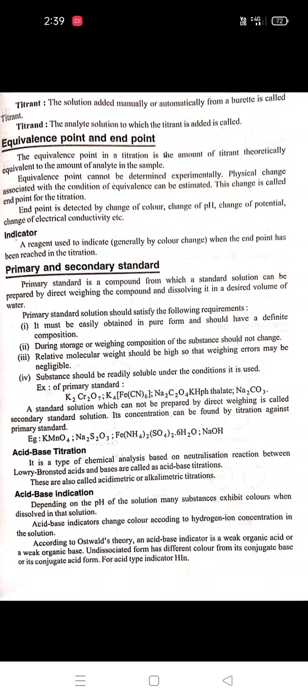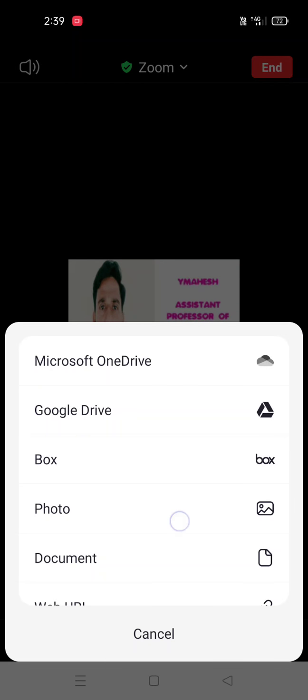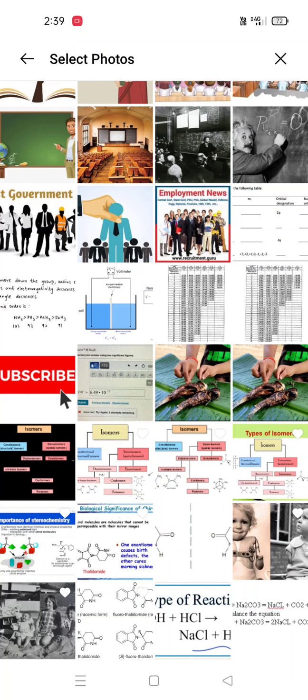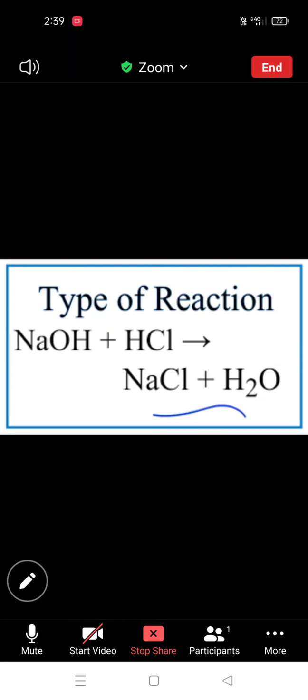In acid-base titration, what is happening in an acid-base reaction is that two compounds react to form salt plus water. This happens in every reaction. For example, here we understand a simple reaction: sodium hydroxide plus HCl gives NaCl plus H2O.